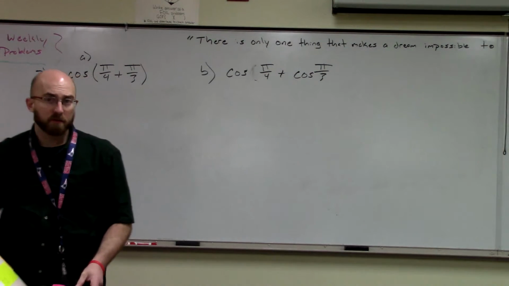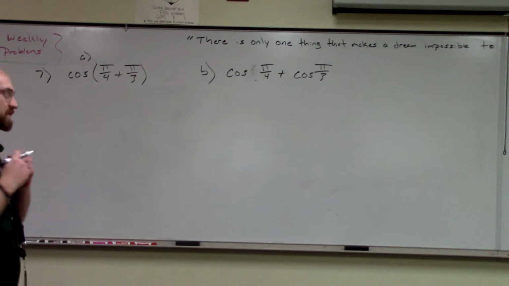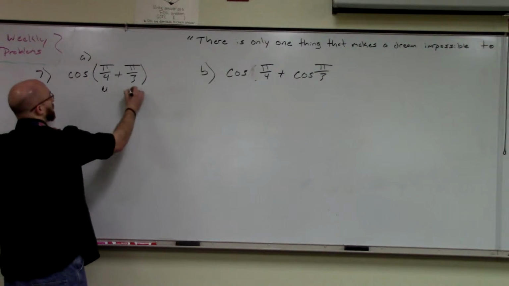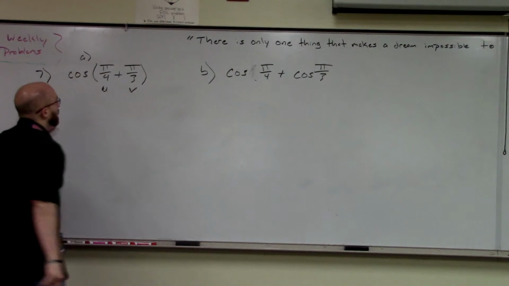They do this problem to show the difference between the two. So make sure you don't distribute our cosine in this parentheses. Because this is cosine pi over 4 plus pi over 3, a good habit to start out with is label this one u, this one v.